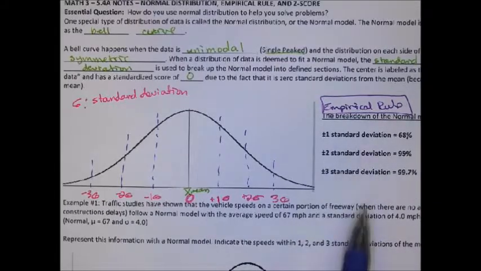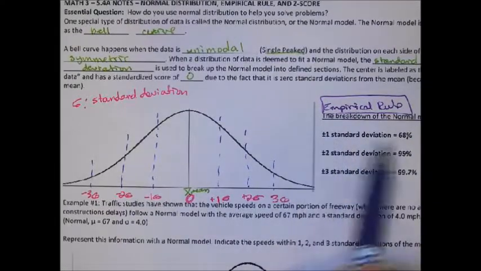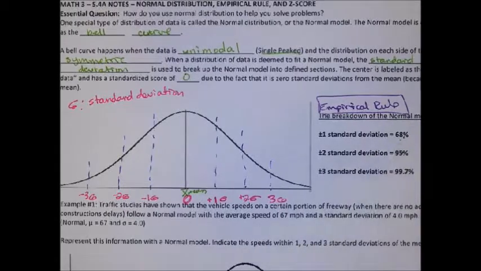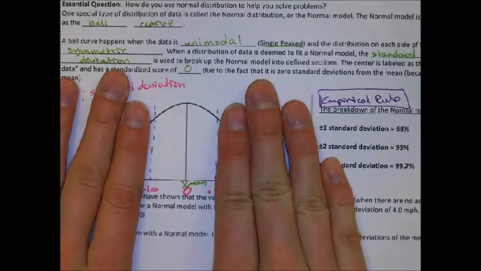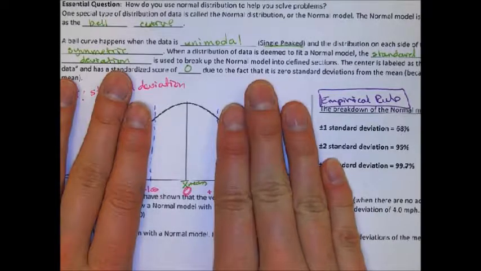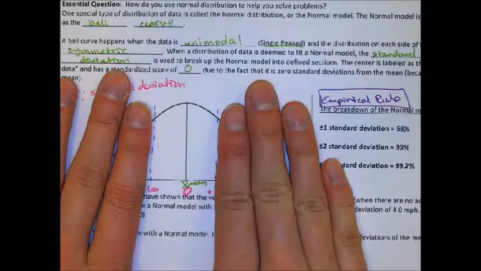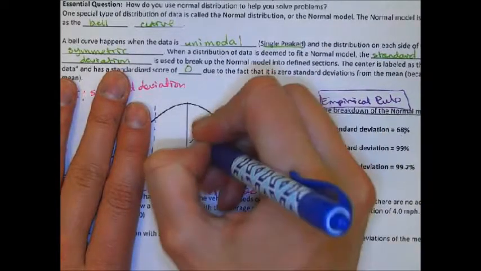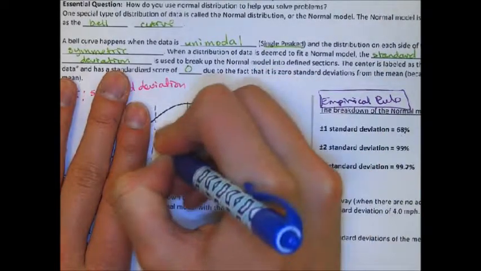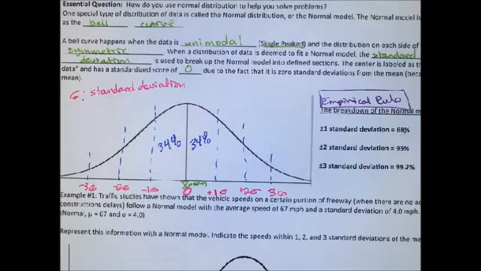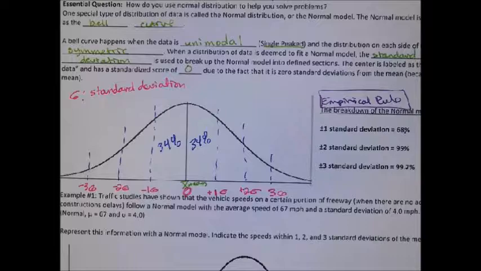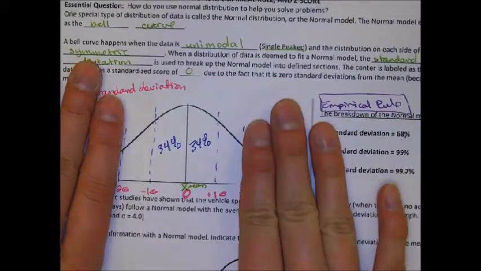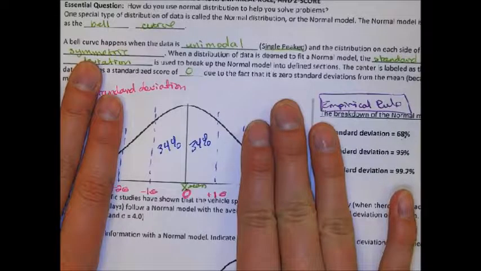So what this says is 68% of our data is in between here. It's plus or minus 1 away from the mean. So if this whole thing is 68, this piece is 34%, and this piece is 34%. This next piece says between 2, we have 95%.